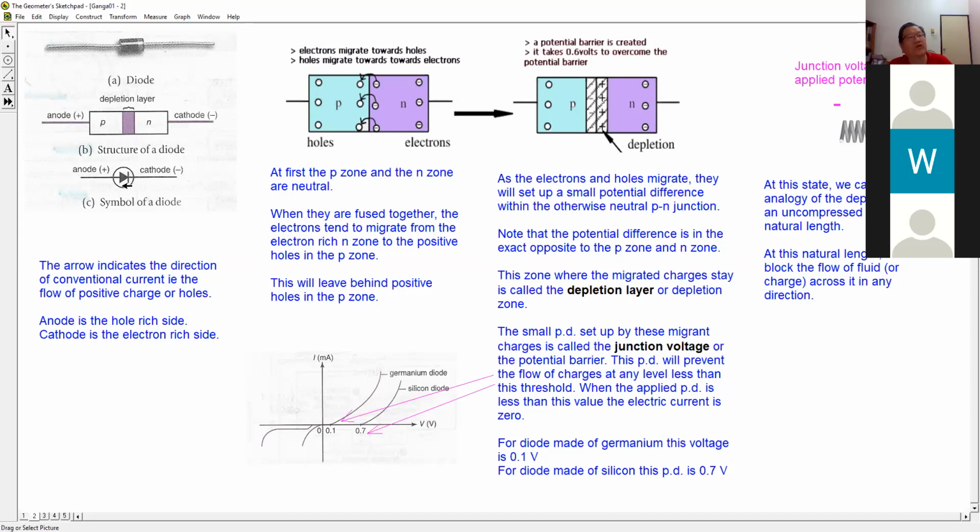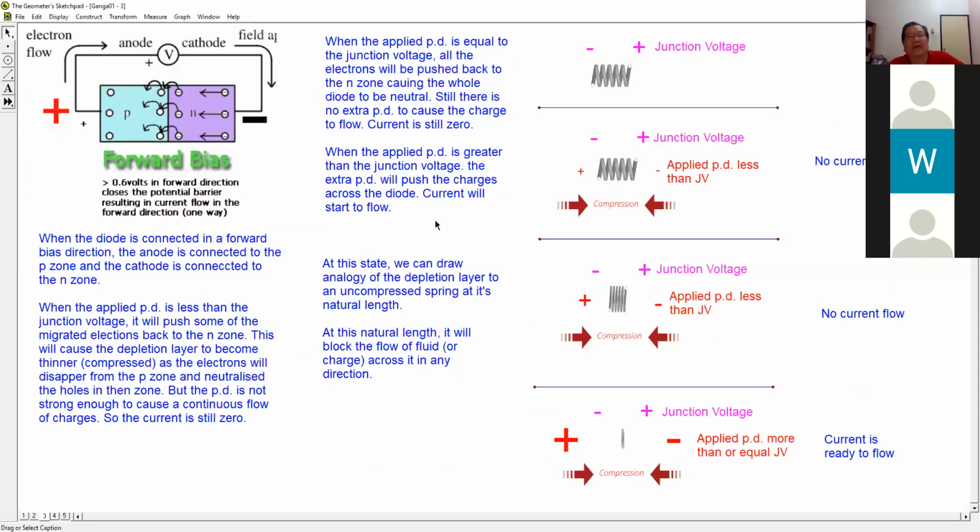The symbol will also tell you the position of the P type and the position of the N type. Coming back to this, forward bias means you connect the positive terminal to the P type and the negative terminal to the N type.